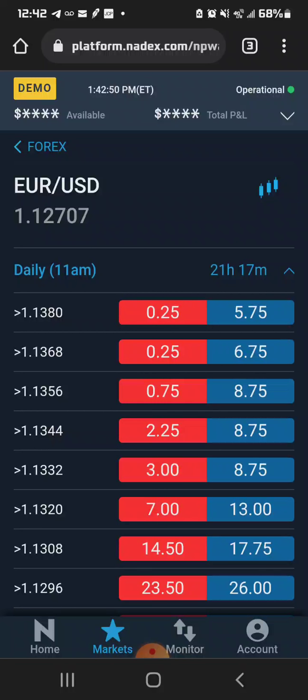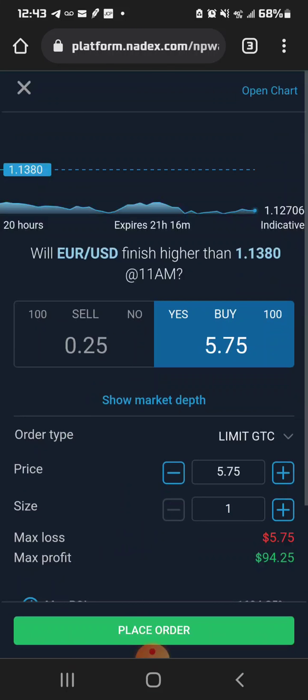By 10 a.m. Central Standard Time, or 11 a.m. Eastern Standard Time tomorrow, there are 21 hours and 17 minutes until that point in time. What if I think price is going to be more than 11380 by tomorrow at 10 a.m. Central? If I think it's going to be more, I'm going to click this blue button that says 575.